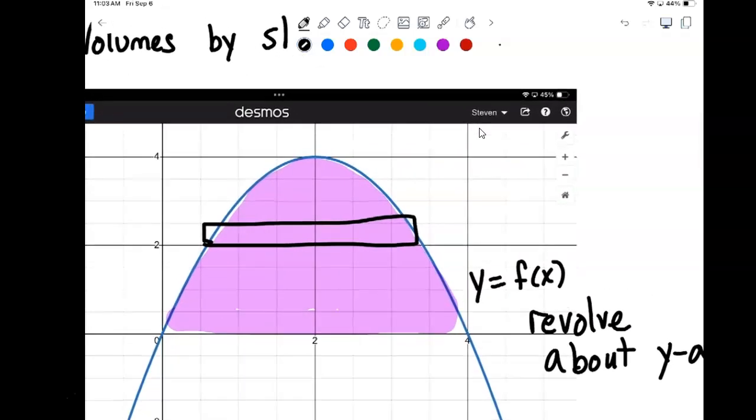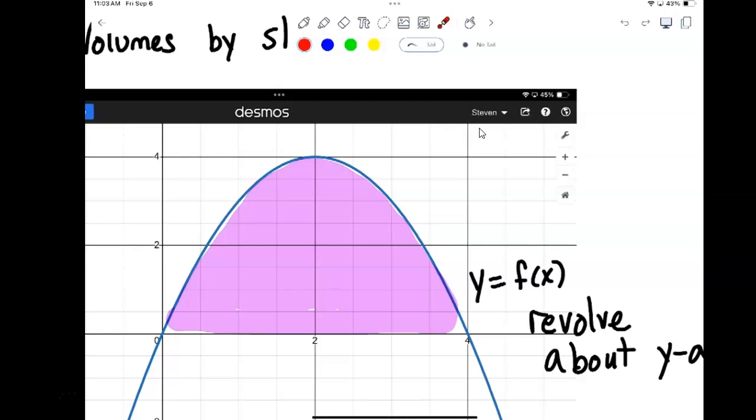I could think of my two wings here as two separate functions, and then find the volume by using my washer formula. But what if it's something more complicated? What if it's something else where this approach just isn't practical?